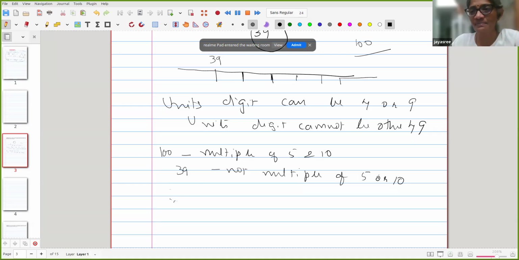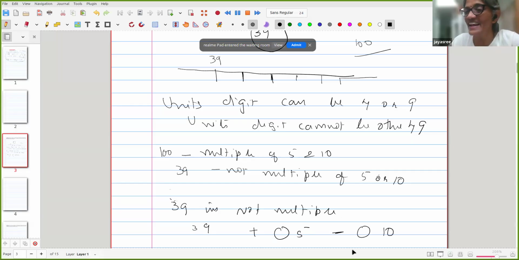Okay, so let me sum up what you had said. 39 is not a multiple of 5, okay? And to 39, you are adding 5 or 10. 39 plus some number of 5s and minus some number of 10s is never going to give you a multiple of 5, is what you're saying, right?